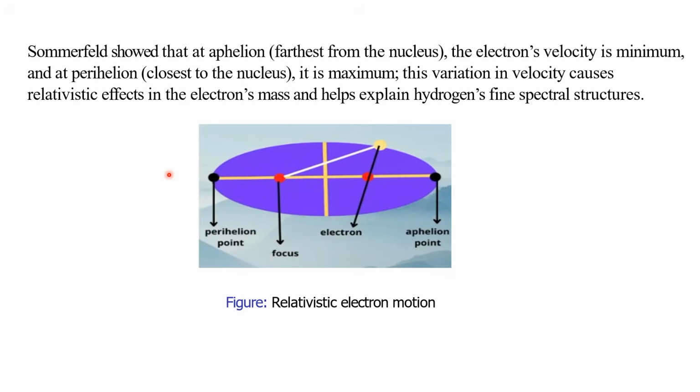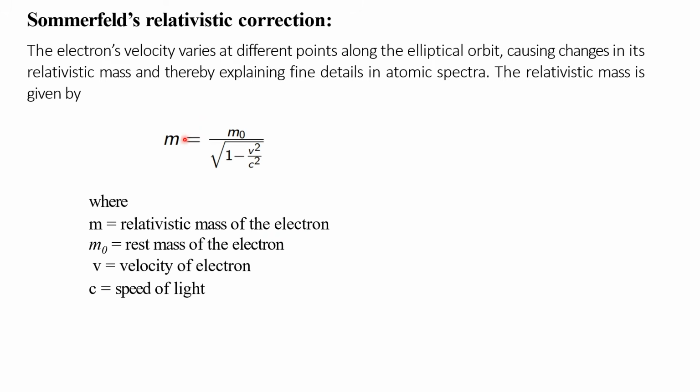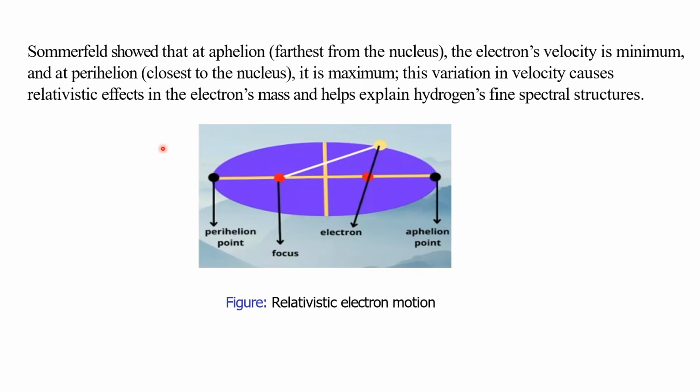So, Sommerfeld showed that at aphelion, or farthest from the nucleus, the electron's velocity is minimum, and at perihelion, or closest to the nucleus, it is maximum. This variation in velocity causes relativistic effects in the electron's mass and helps explain hydrogen's fine line spectra. So, you can see that as the velocity changes, the relativistic mass of the electron is changing with position, and that is why it helps explain hydrogen's fine line spectra.